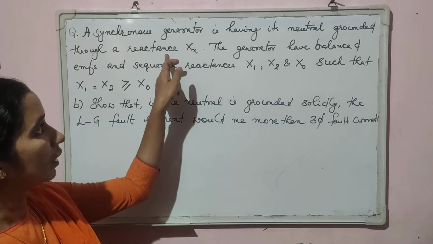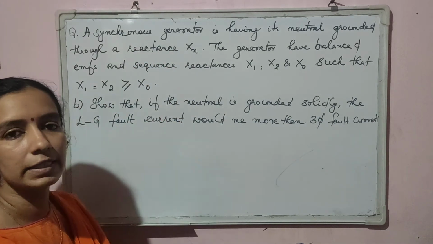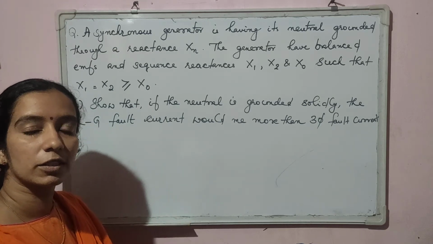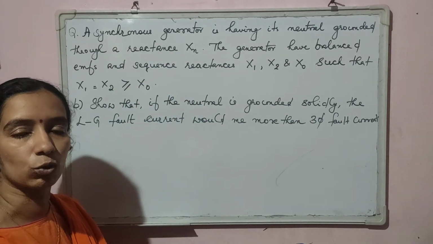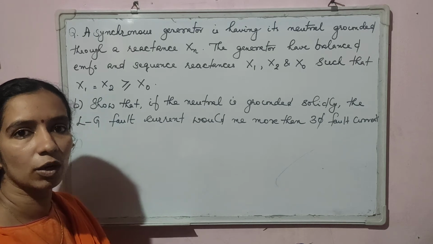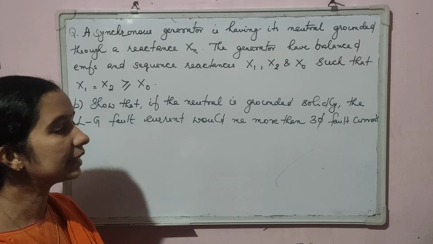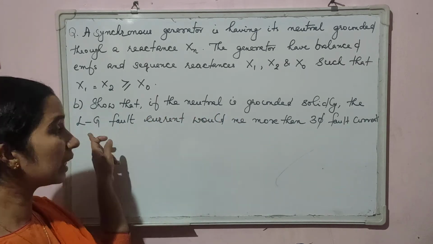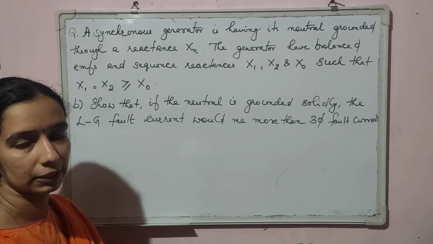Here an alternator whose neutral is grounded through a reactance Xn is given, and if that neutral was solidly grounded, the reactance Xn is 0. Solidly grounded means no reactance is there in the ground path. So if the neutral is solidly grounded, show that the single line to ground fault current would be more than the 3-phase fault current.